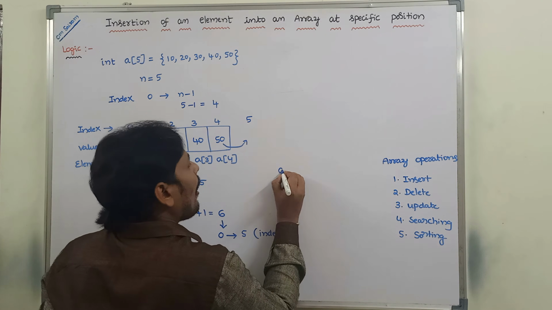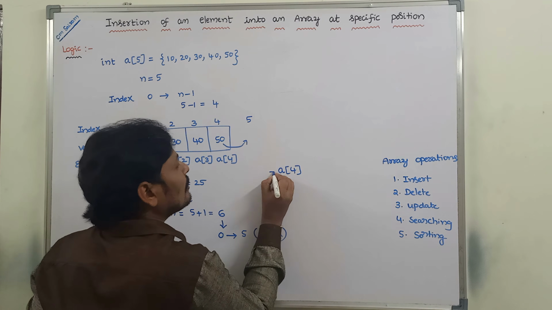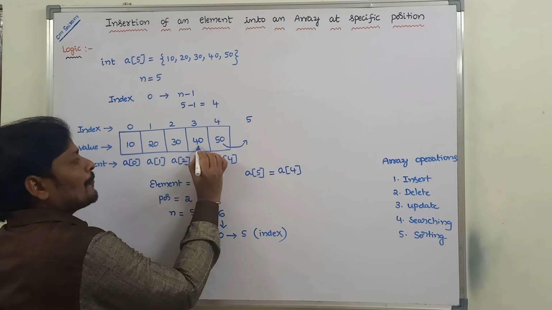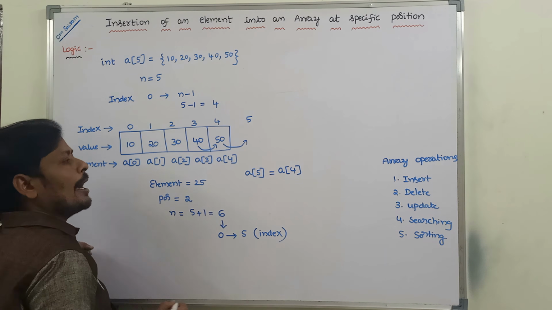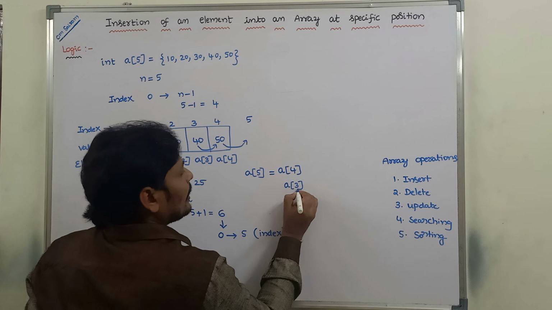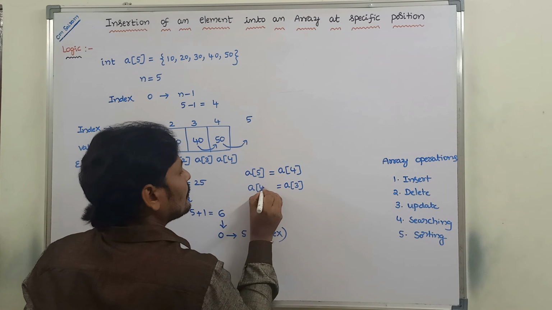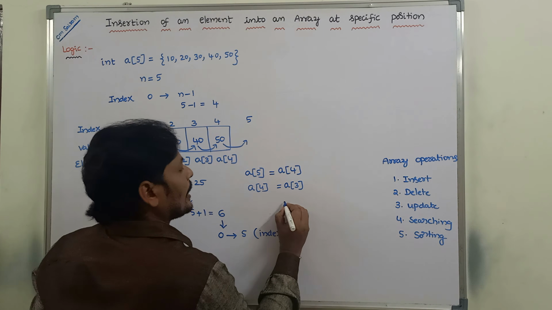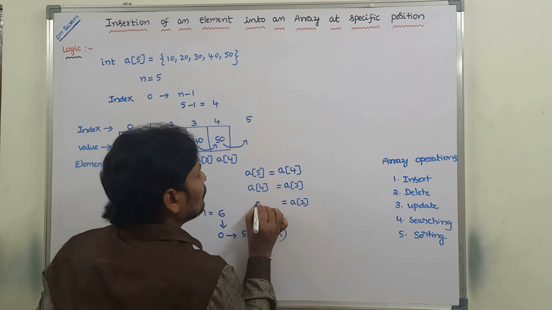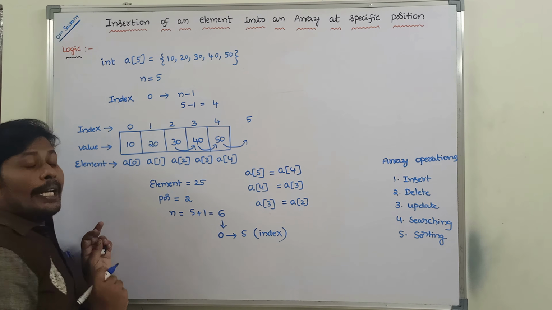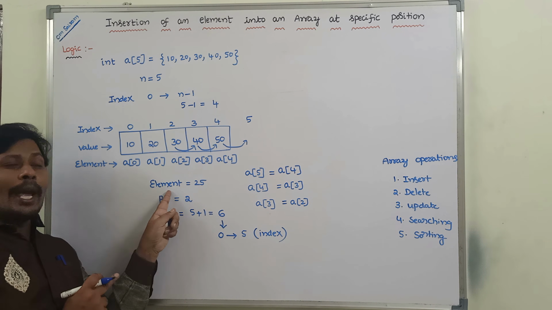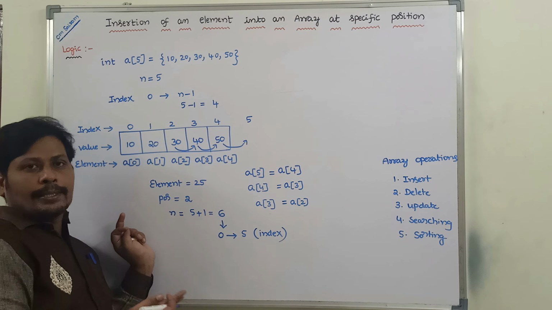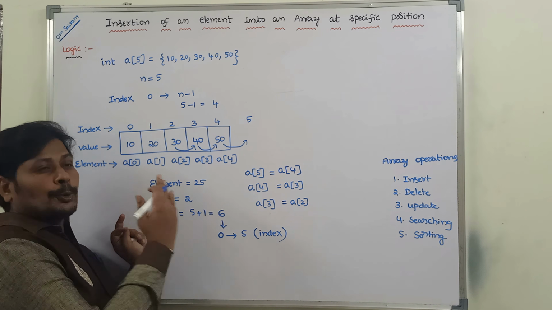That means the a[4] element can be moved to a[5]. Next, the a[3] element can be moved to a[4]. Next, the a[2] element can be moved to a[3]. At the position where we are inserting the new element, from that position onwards, we are moving each element one position to the right.